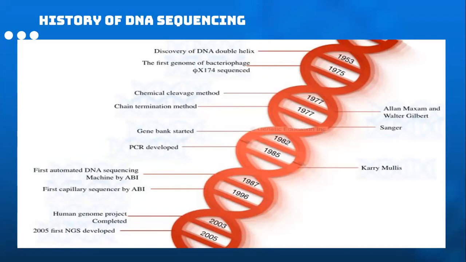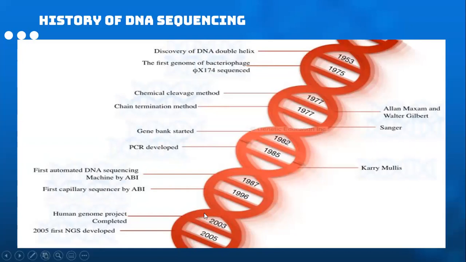And then the era of the 2000s became the golden period for the sequencing platforms. So in the year 1996, Applied Biosystems had developed another innovative sequencing platform, which was known as capillary DNA sequencing.